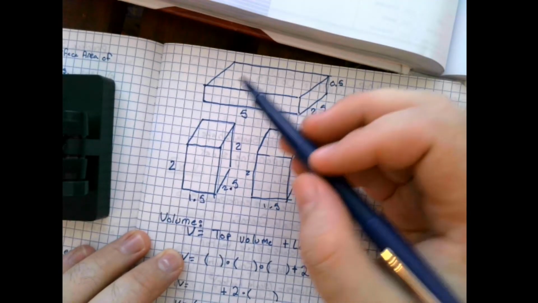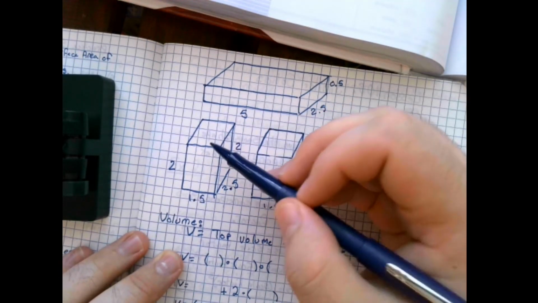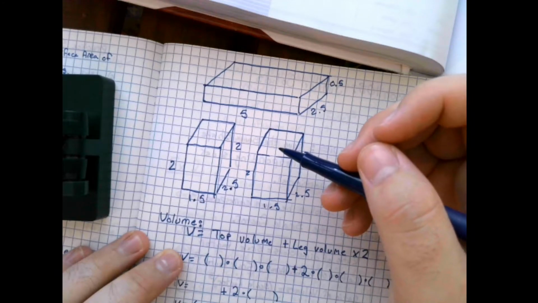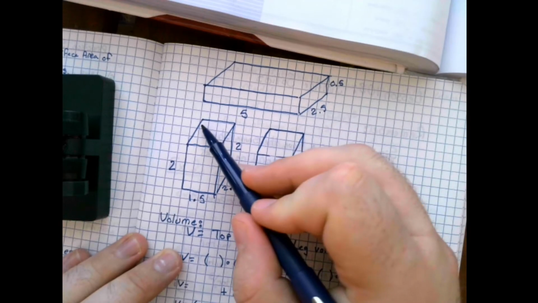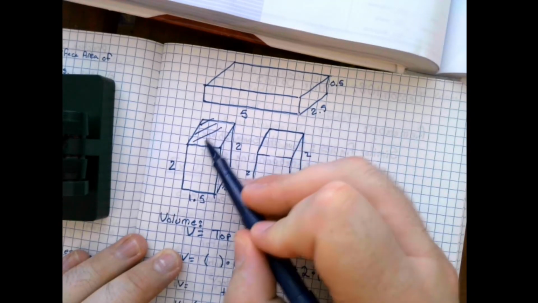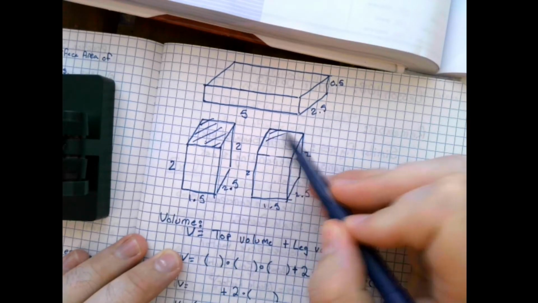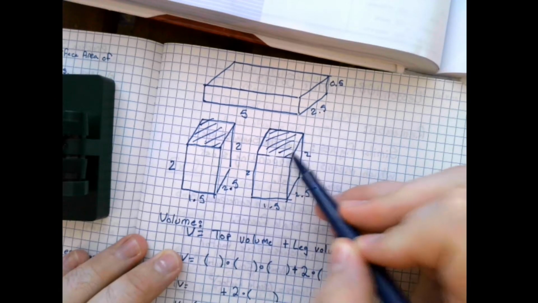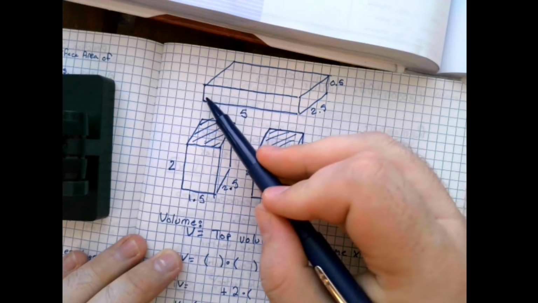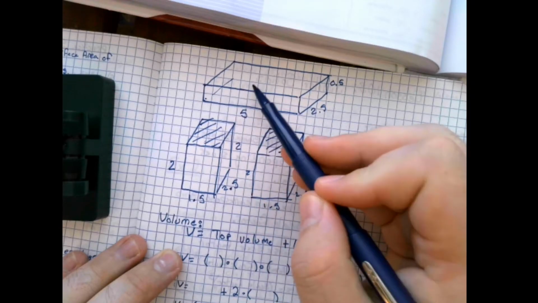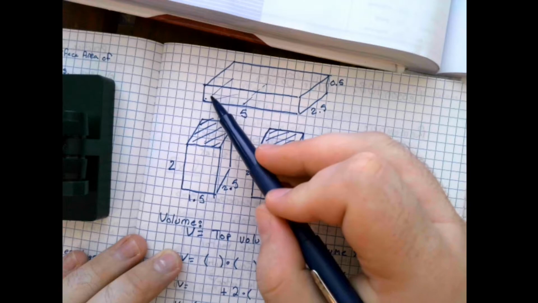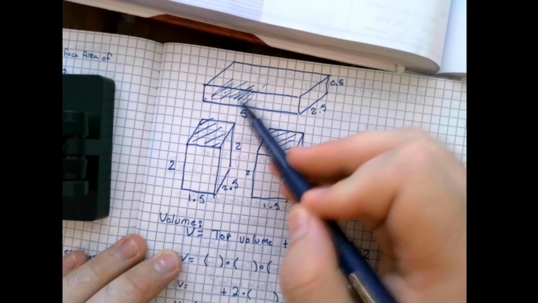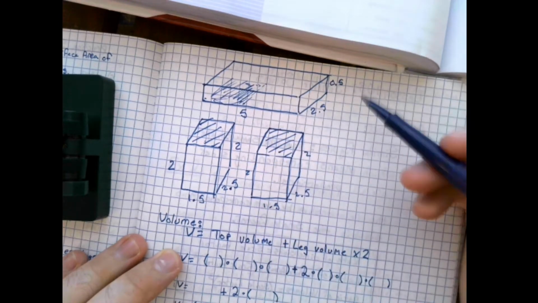Now, it's important that when we're finding the volumes, the shapes don't overlap at all. But when we're finding the surface areas, they will. Remember that we won't count the top or the bottom of the legs, or the space where the top of the legs would connect on the bottom of the rectangular prism. So we don't count that in our surface area.